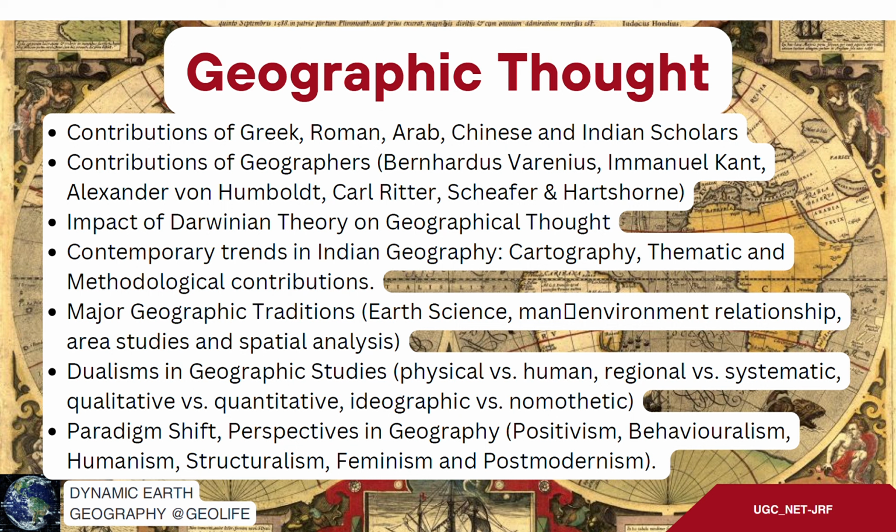Then impact of Darwinian theory in geographical thought, and contemporary trends in Indian geography like cartographic, thematic and methodological contribution trends in Indian geography, and major geographic traditions like earth science, man-environment relationship, area studies and spatial analysis. And there are some dualisms in geographic studies, which include physical versus human geography, regional versus systematic geography, qualitative versus quantitative geography, ideographic versus nomothetic geography, which are the important dualisms that you need to understand.